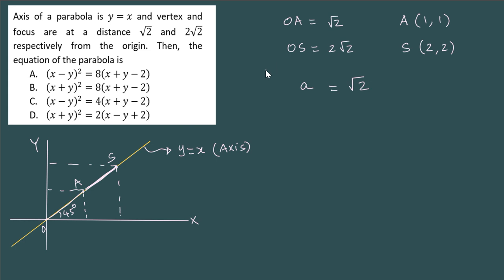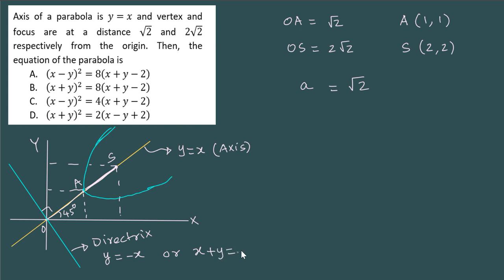Let me draw the parabola so that we understand what is going on. So this is the parabola, and the directrix is at a distance root 2 from the vertex, so this is our directrix. Now I think we can go to the definition of the parabola. How can I get the equation of the directrix? It is at right angles to y is equal to x, and then we know the equation of this line is y is equal to minus x, or we can write this as x plus y equal to 0.